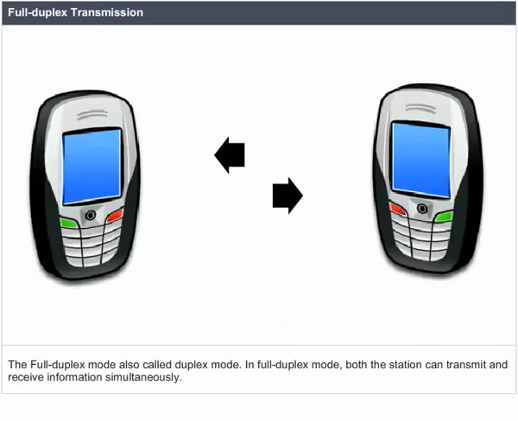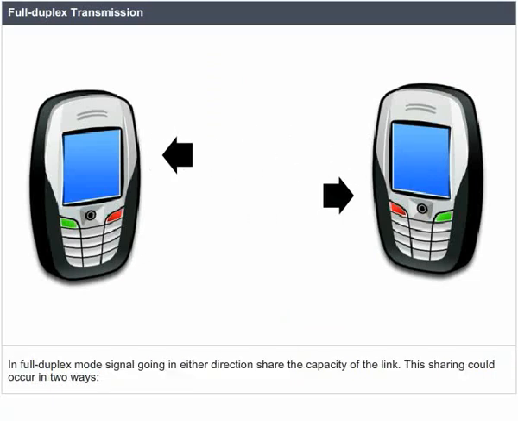Full duplex transmission. The full duplex mode is also called duplex mode. In full duplex mode, both the stations can transmit and receive information simultaneously. In full duplex mode, signals going in either direction share the capacity of the link. This sharing can occur in two ways.